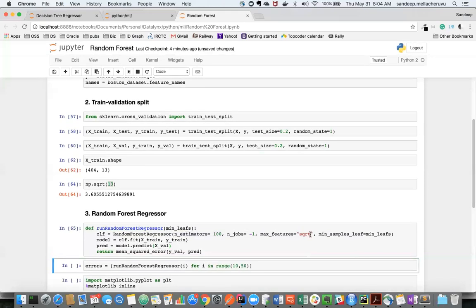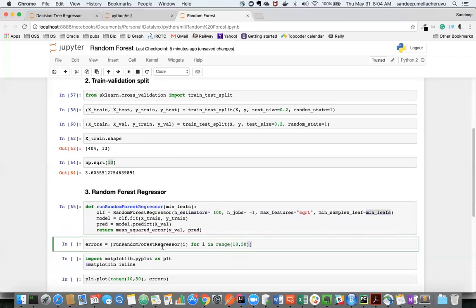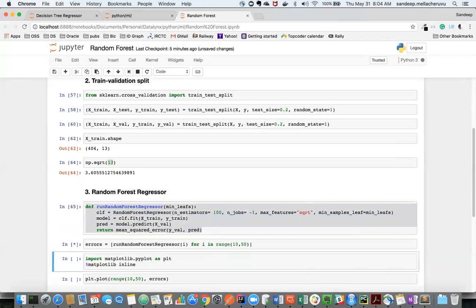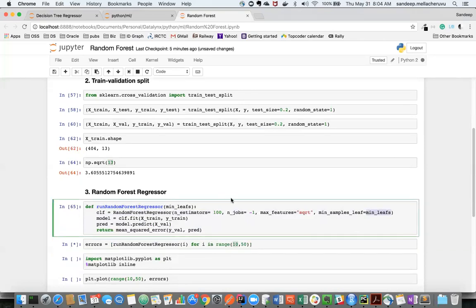Now, for every min leaf, I have to tune this parameter, right? So for every value of min leaves, I have to run this random forest regressor and find out the error. So for min leaves equal to 10, first it will develop 100 trees.